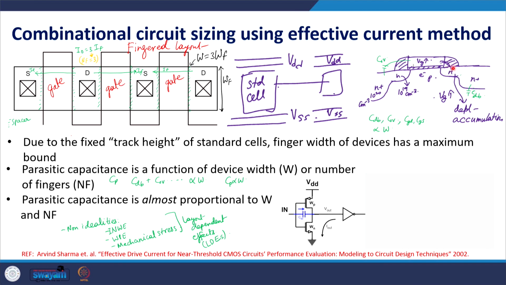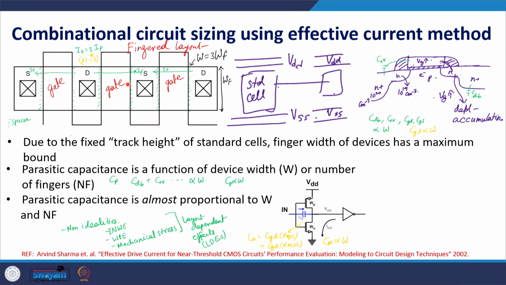That capacitance is also proportional to width. As you can see here, as the width increases, gate to drain capacitance would proportionally increase. So, this is the gate to drain capacitance of both the devices, the input output coupling capacitance. This is also proportional to width. We keep this in mind.